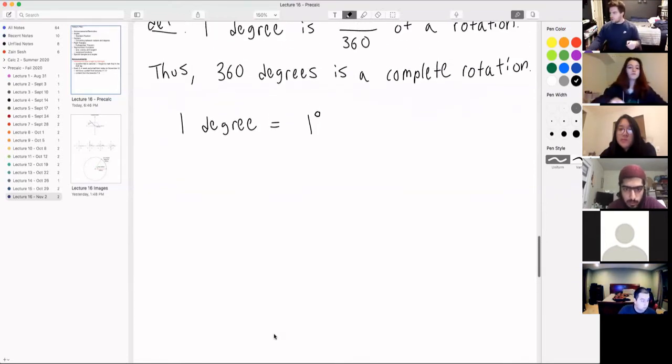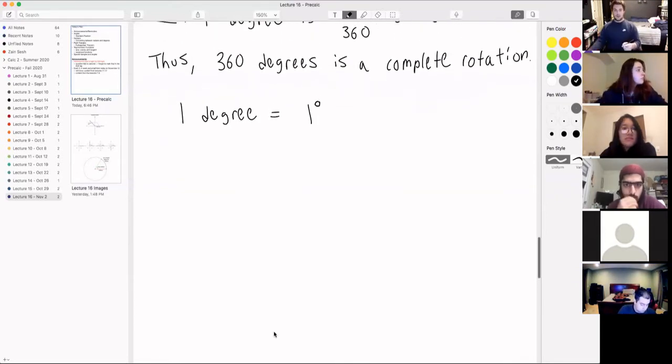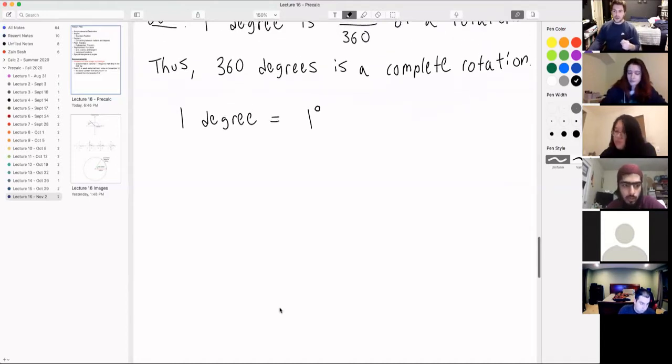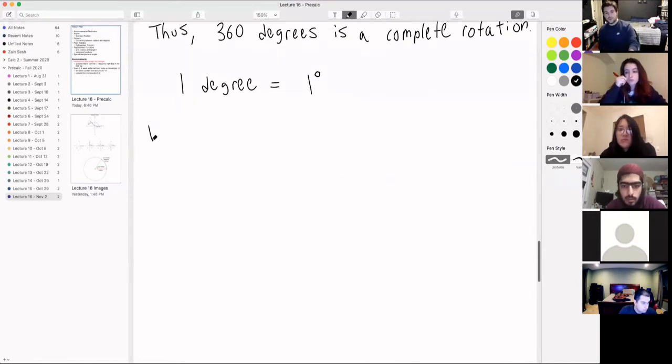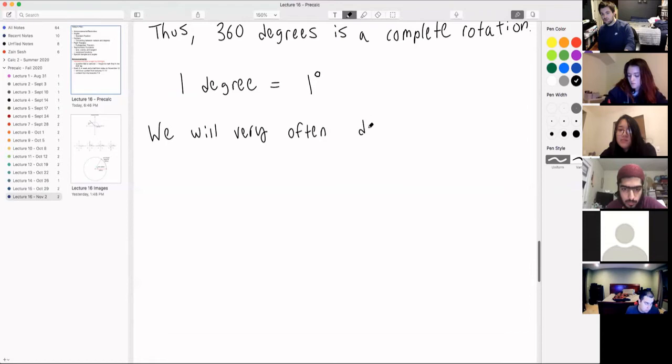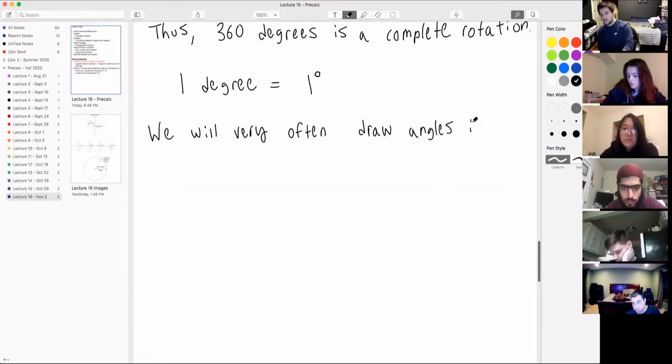Sorry about that. So far none of our work has been in the XY plane, so let's move into that setting. We will very often draw angles in the XY plane.